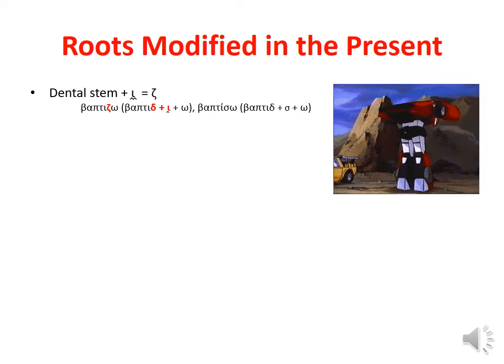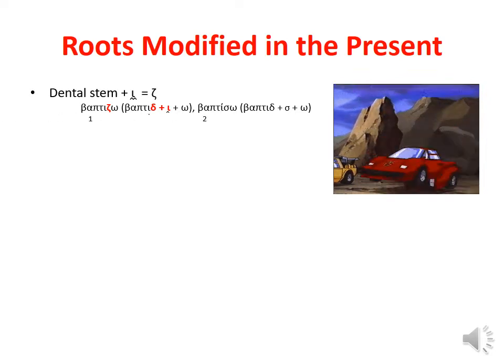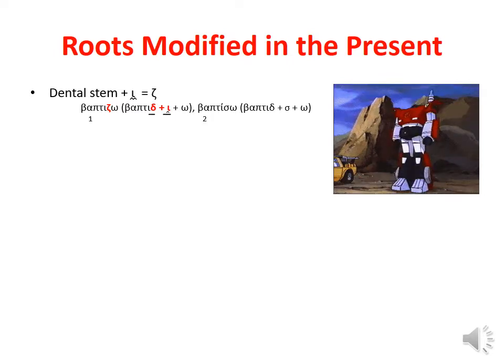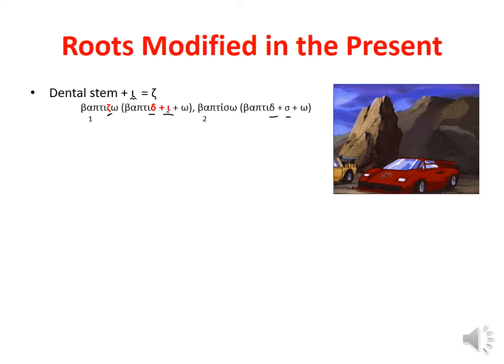So if you look here, baptizo is the result in the first principal part of a dental plus a consonantal iota. That's where you get the zeta, baptizo. Whereas in the future tense, if you have baptid as your root, you add your tense formative sigma, and by rule, a dental followed by a sigma drops out, hence baptiso in the future.